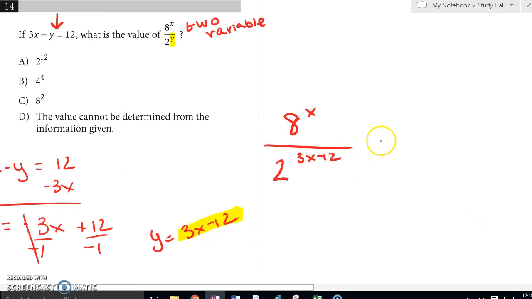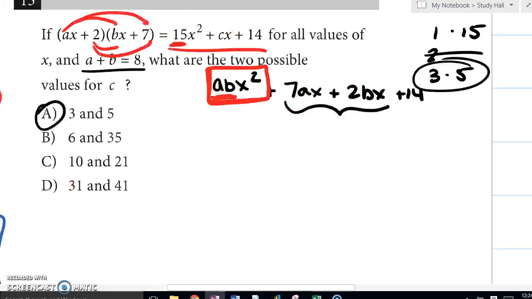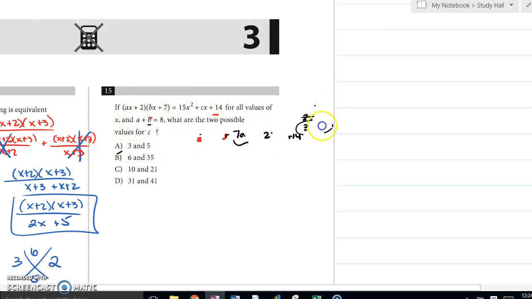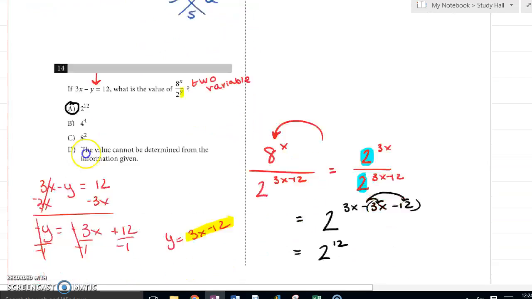Okay. Another thing that we are actually going to learn about next chapter is the fact that I can rewrite 8 as 2 to the third. And the reason that I did that is so that they have the same base, which is 2. Okay, give me 1 second. We didn't do this one yet. And we were here.